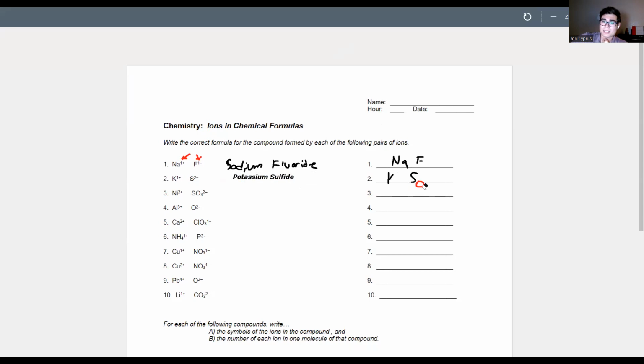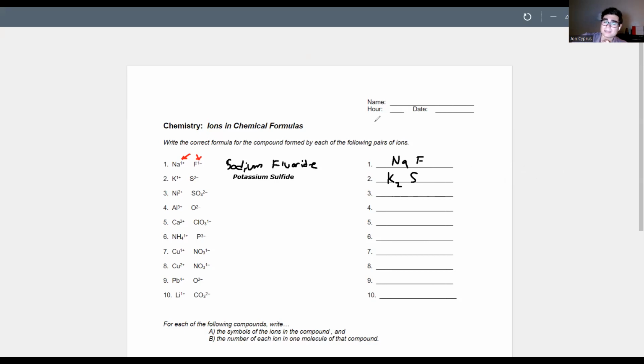I need 2 potassiums and 1 sulfur, because these charges have to cancel out and be neutral. So I have 2 potassiums and 1 sulfur to get K2S: 2 +1s and then a 2-. This is a charge of 0. So you want these charges to be 0.